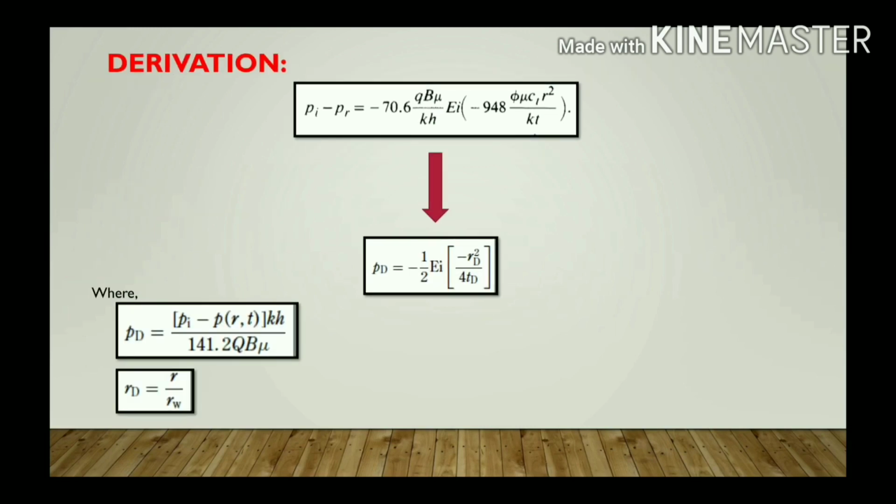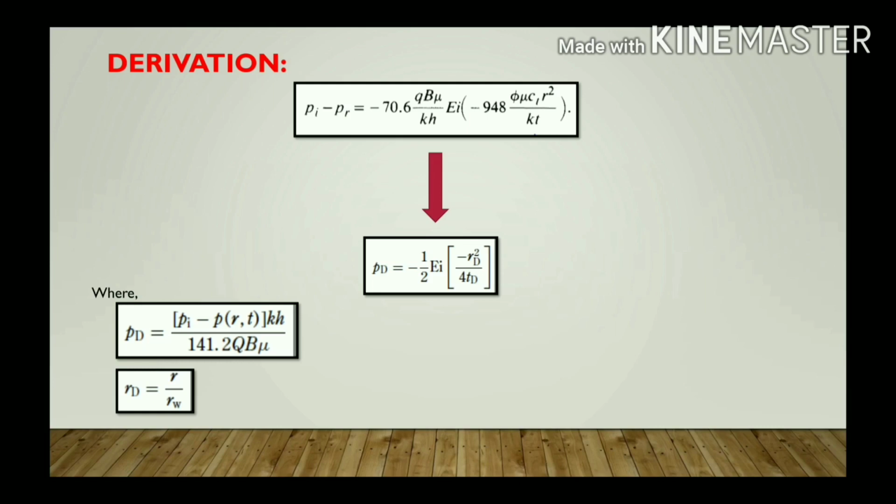So here is the derivation. I took only the main things. We convert these pressure relations into dimensionless terms. Why? Because after converting to dimensionless terms, we are able to find the parameters by using the type curve.